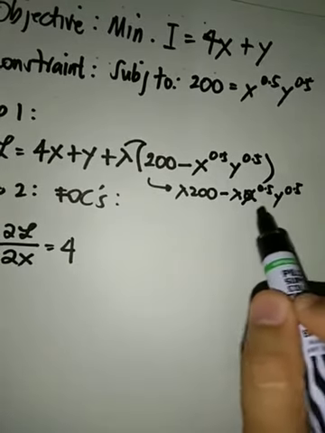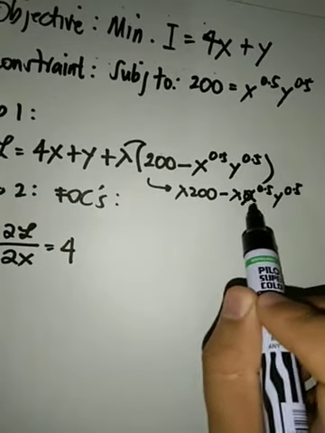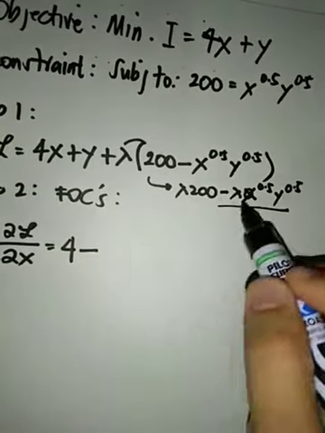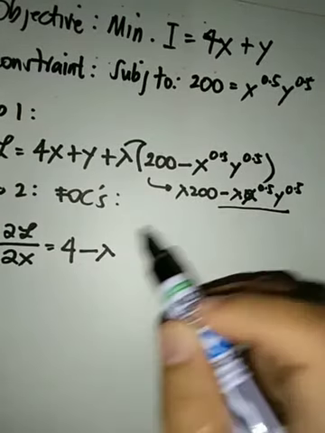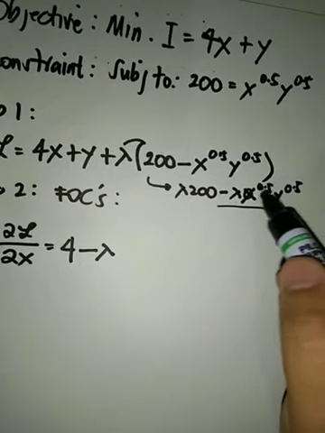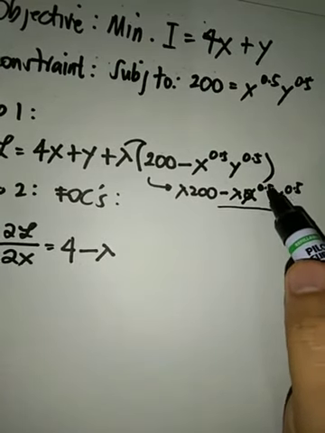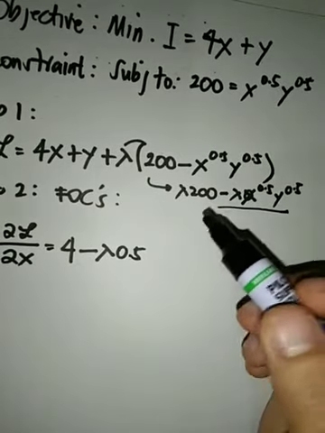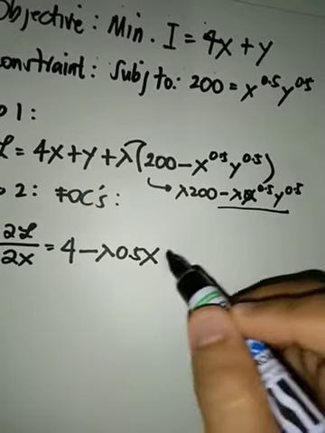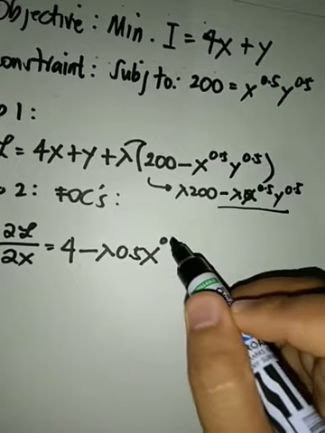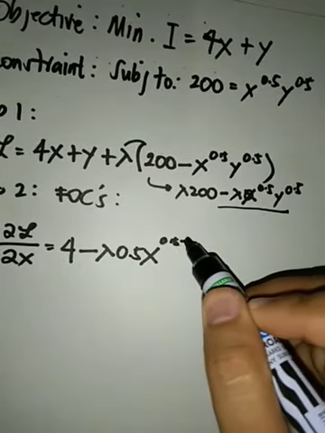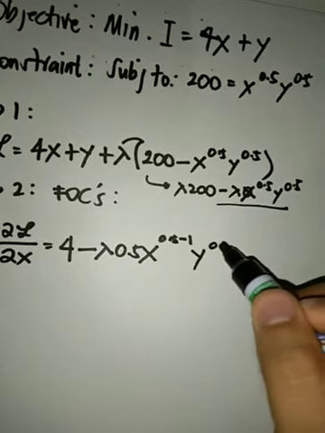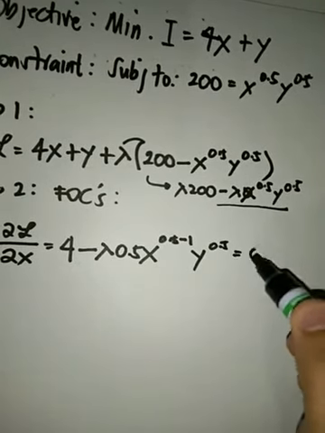Since we are taking the derivative with respect to x here, therefore it becomes minus lambda, then our exponent of x we put as our coefficient, times x raised to 0.5, don't forget to subtract 1, then copy this, and equals 0.